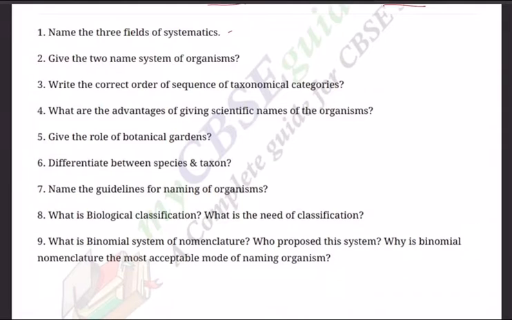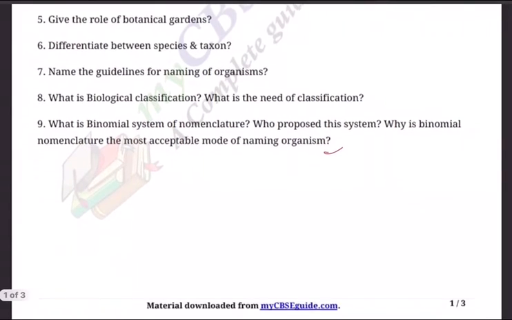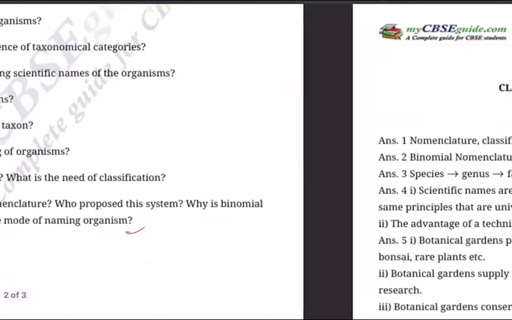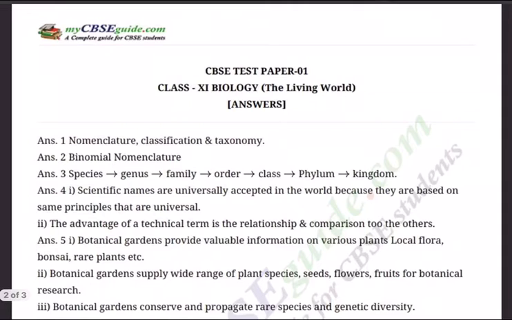What is the need of classification? Question number 9. What is the binomial system of nomenclature? Who proposed this system? Why is binomial nomenclature the most acceptable mode of naming organisms? Okay, now these are the questions. Now let's go to the answer session. Don't go yet. Answer all these 9 questions, then come to the answers.